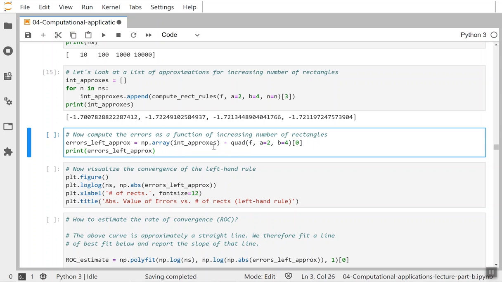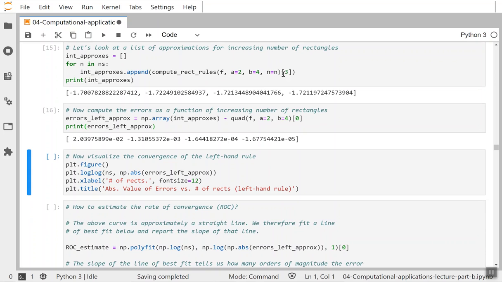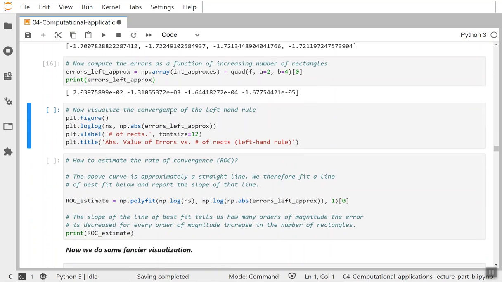So this will tell me what all of the errors are. And I see, yes, it's about 0.02 off. Negative 1.7 compared to negative 1.72. It's off in that decimal place, which is given by 2, and then this is 10 to the negative 2 here. And then you see that the magnitude of these is shrinking as the n values increase.